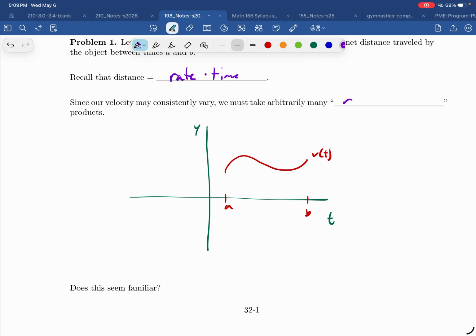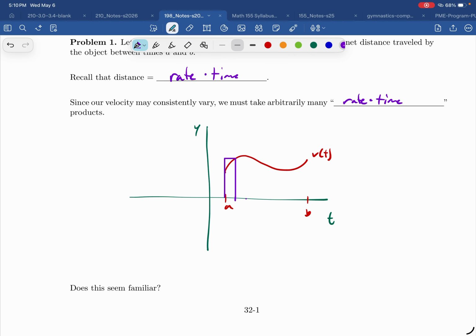Well, what we could do is we could take arbitrarily many rate times time products. And what I mean by that is right now we'll have to approximate, but for example, we could say that, well, for this period of time, we traveled roughly this velocity over that period of time.